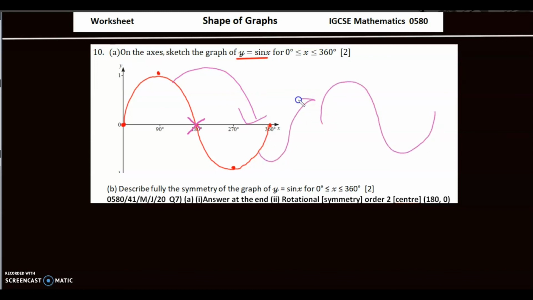Because this will end up over here and this will end up over here. So it's still the same shape. So the order of rotational symmetry is 2. Because when I give this red curve a 360 degree spin about this center 180, 0, it will come in this form twice. Once at 180 degrees and once at 360 degrees. So that's why the order of rotational symmetry is 2.